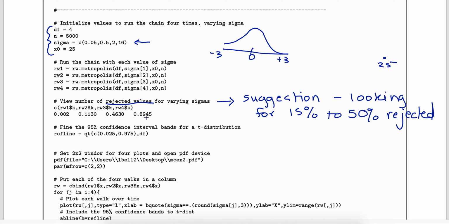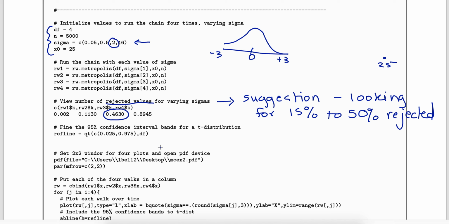Again, too small of a proportion, then we're not getting anywhere close to where we need to be. Too big, and we're just generating a bunch of wild values that we're rejecting. So we need somewhere in between. So at the moment, it looks like our third value for standard deviation, sigma of 2, meets that criteria.